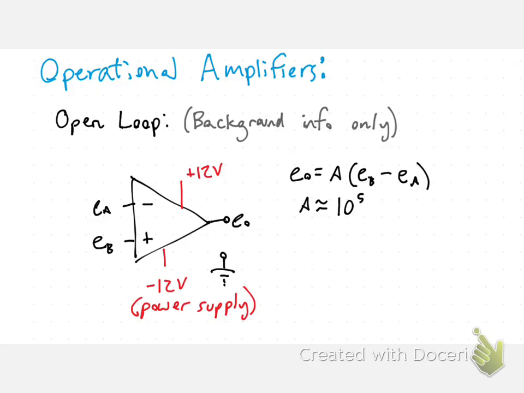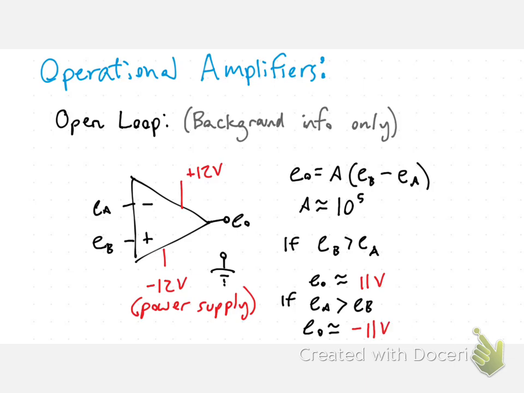So if you have a 12-volt power supply, then what that would mean is that if EB was remotely larger than EA, your output voltage would shoot straight up to 11 volts. If EA was bigger than EB, your output voltage would be about negative 11 volts, so there's some power that's lost. But essentially, unless you're working with extremely close values of your input voltages, your output is going to meet those two extremes.